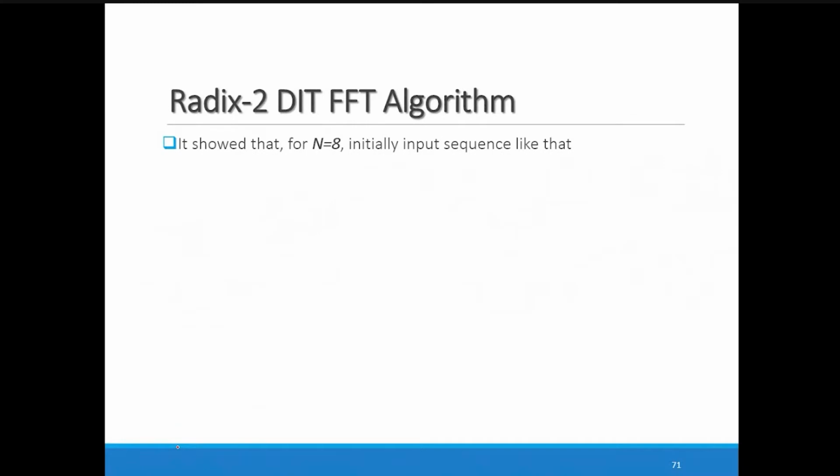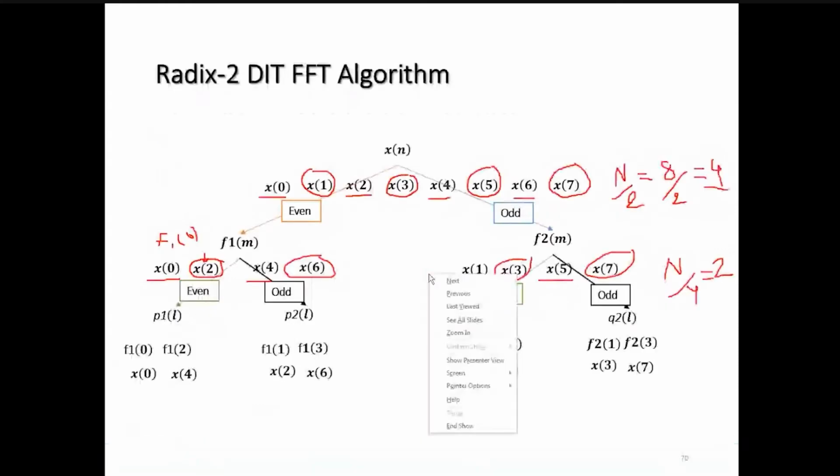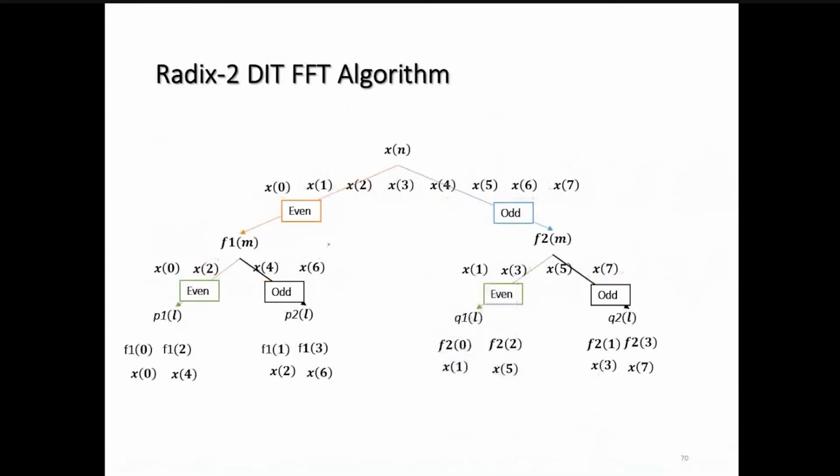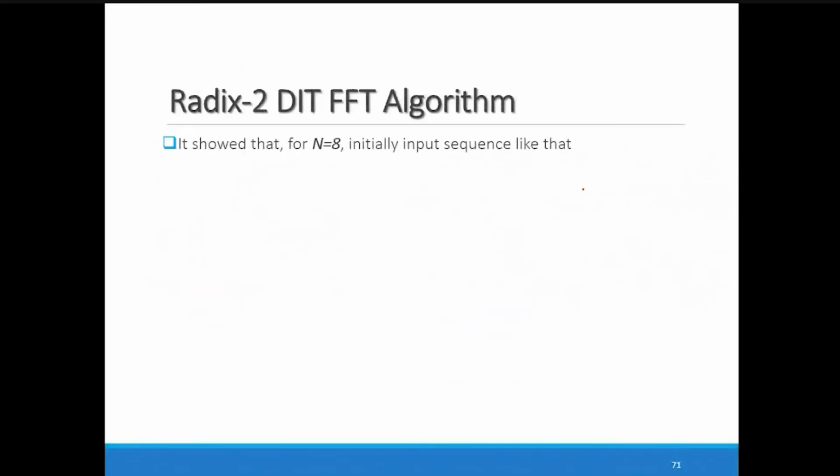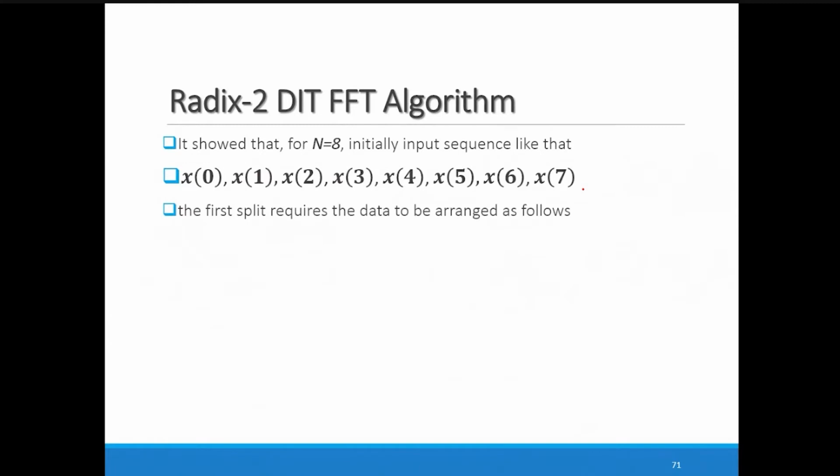It showed that for n is equal to 8, initially our input sequence is x0, x1, x2, x3, x4, x5, x6 and x7. It is in a normal order. Now the first split requires the data to be arranged as follows.